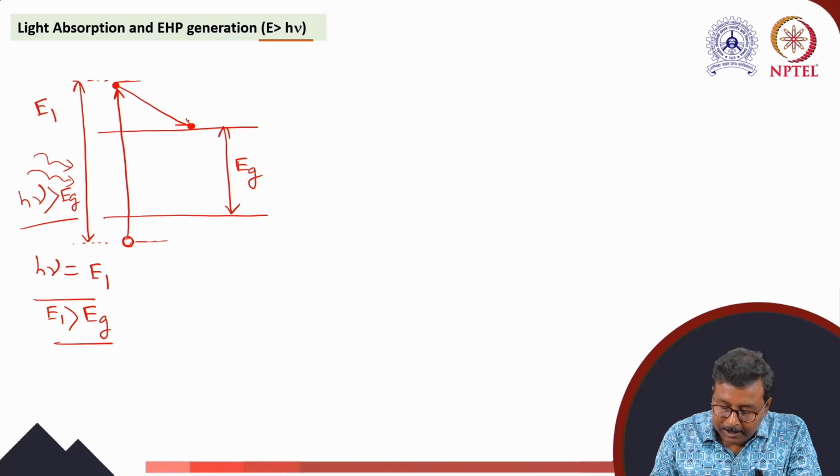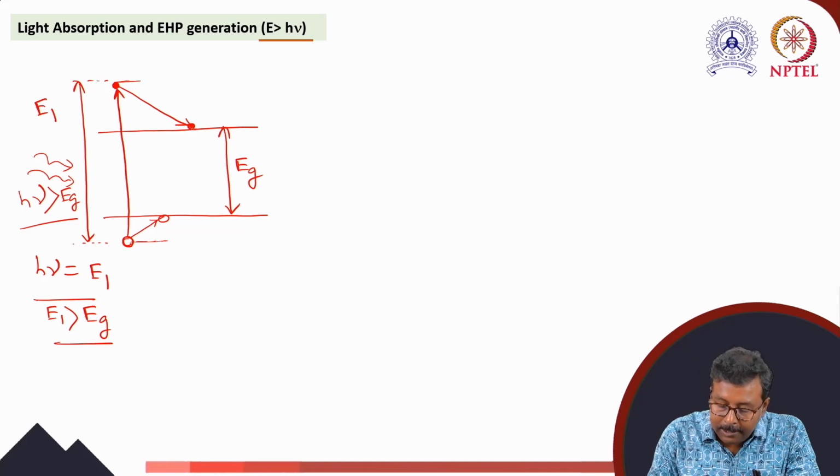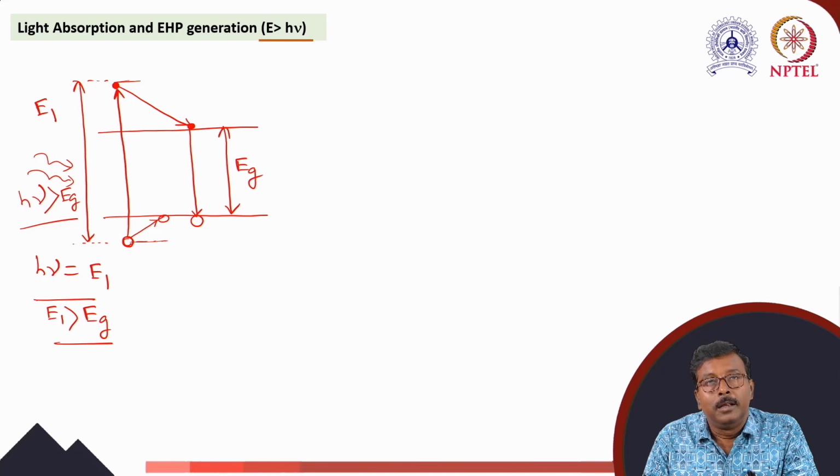Similarly, the hole may release energy and reach here, and this electron may further recombine with a hole in the valence band maxima.